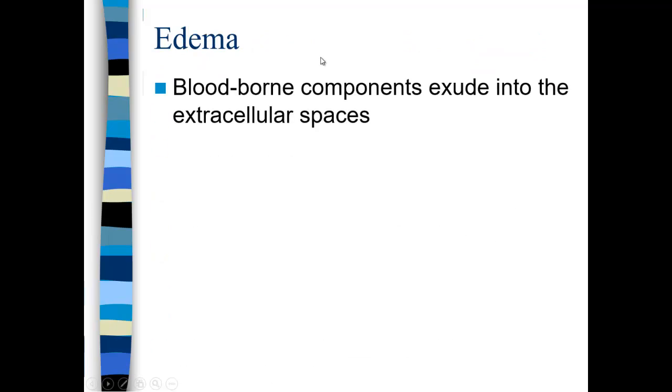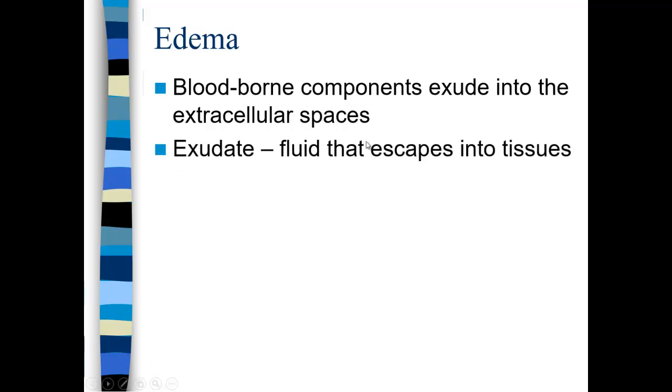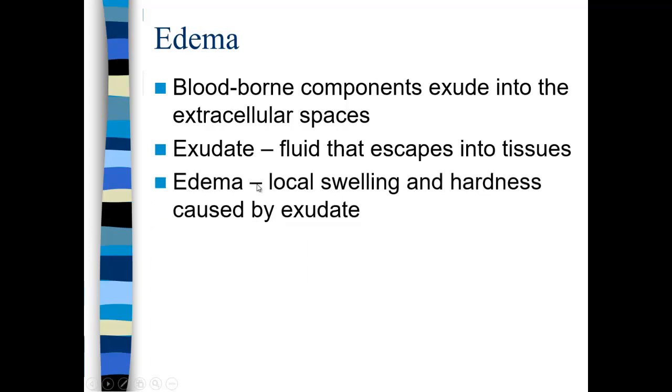Edema, we've talked about before. This is just when fluid starts to exude into the extracellular spaces. The exudate is just the fluid that escapes from the circulatory system and the lymphatic system into the tissues. And this causes local swelling and also hardness of tissues just because of the presence of the exudate in the tissues.